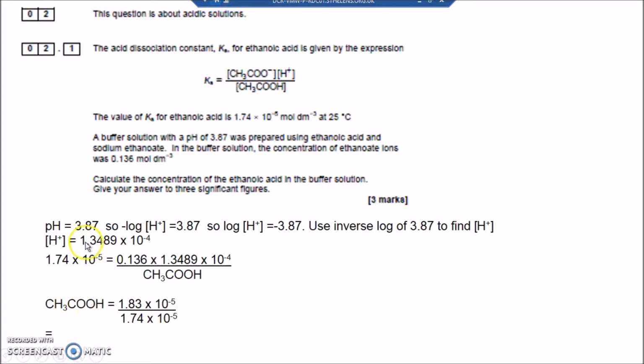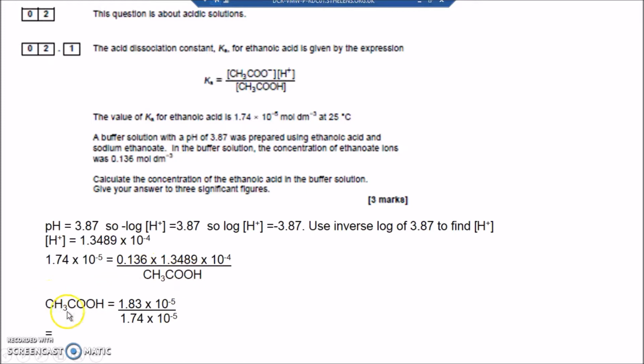So I've got 1.74 times 10 to the minus 5, the acid dissociation constant, equals 0.136, which is the concentration of ethanoate ions, which I'm given in the equation, times the hydrogen ion concentration I've just worked out, divided by the concentration of ethanoic acid. So that's the concentration of ethanoic acid on the bottom. It should have square brackets around it really.